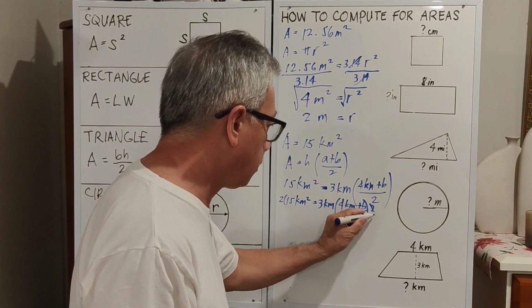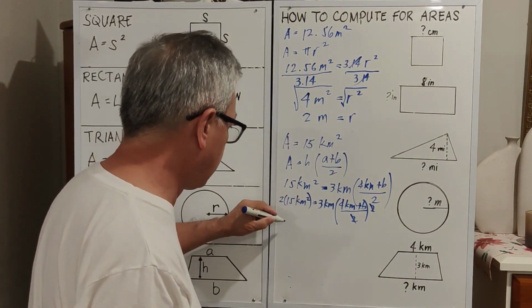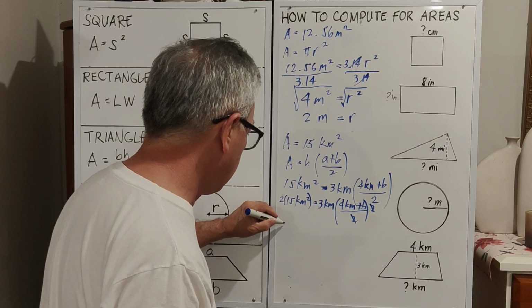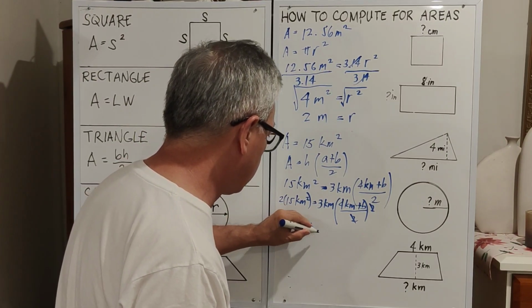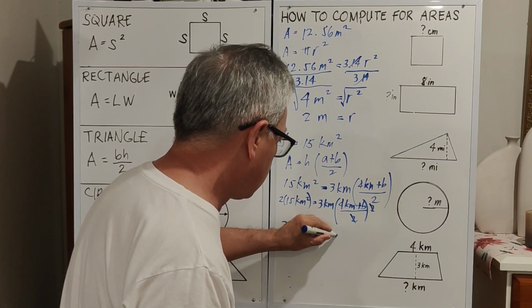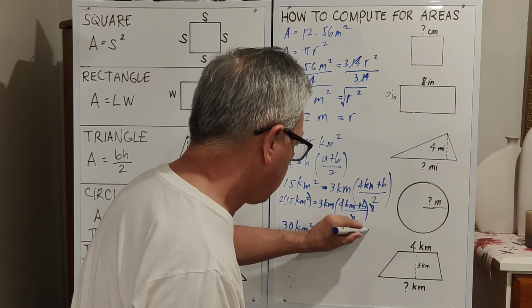Now this will cancel out, and 2 times 15 kilometers squared is 30 kilometers squared, is equal to 3 kilometers times 4 kilometers plus B.